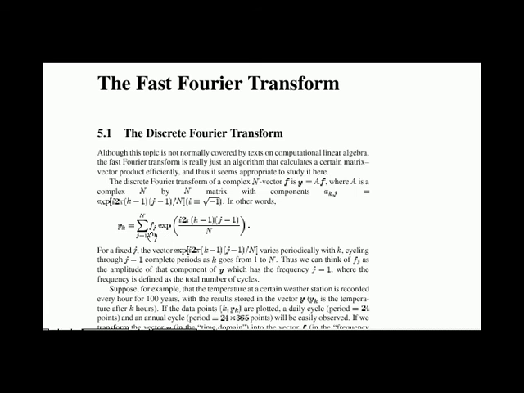sine or cosine terms, f sub j sine of j theta, that is y of x would be the summation of f sub j sine of j theta.